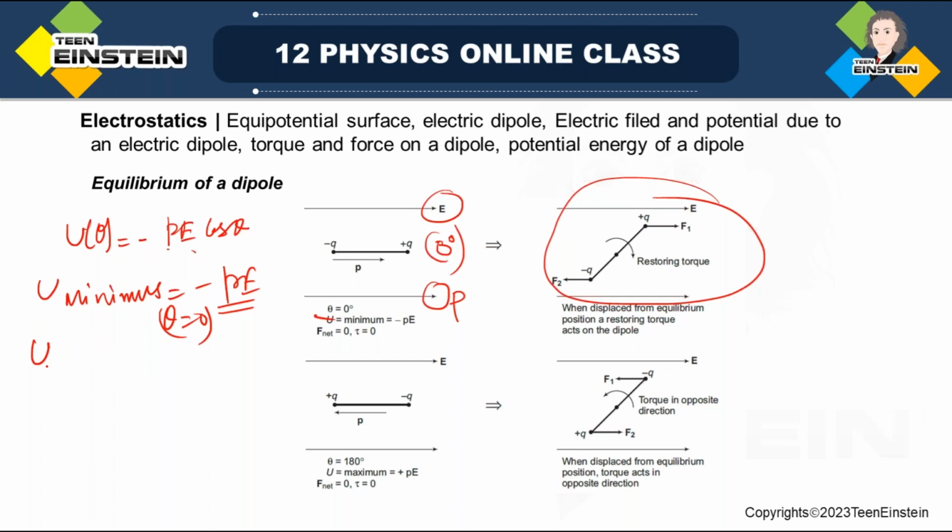So what is the maximum value and when does it occur? See, this minus is there, so when theta is equal to pi, that means PE. Maximum potential energy is twice of this.